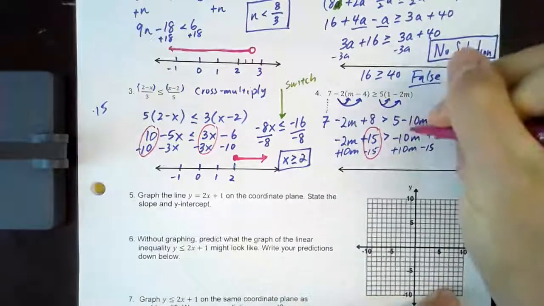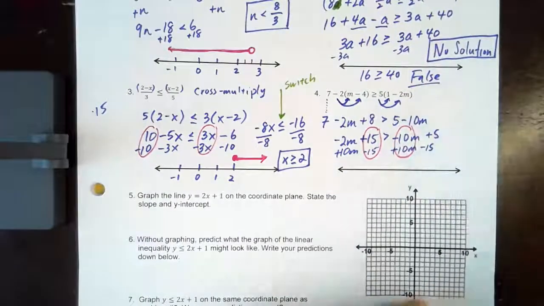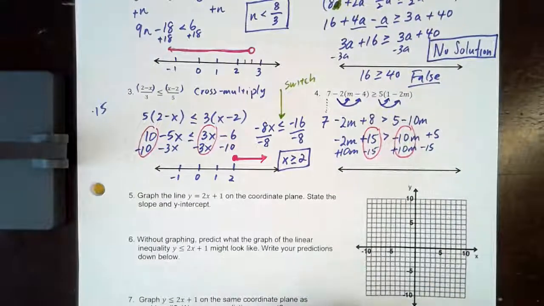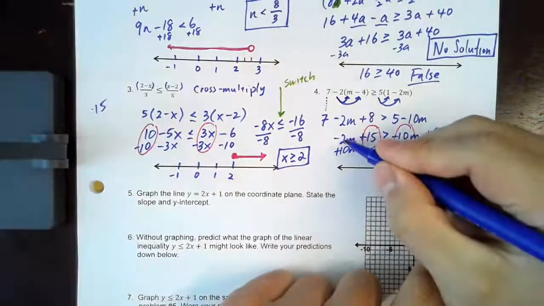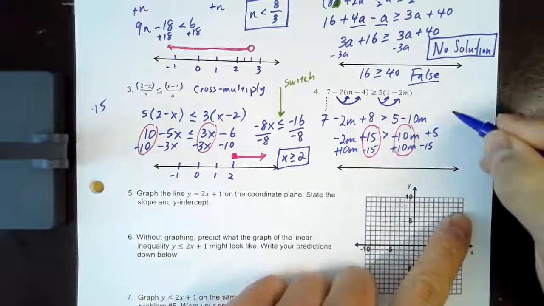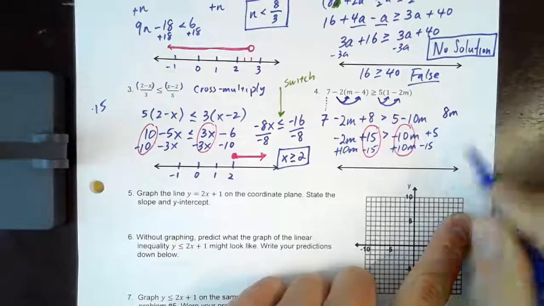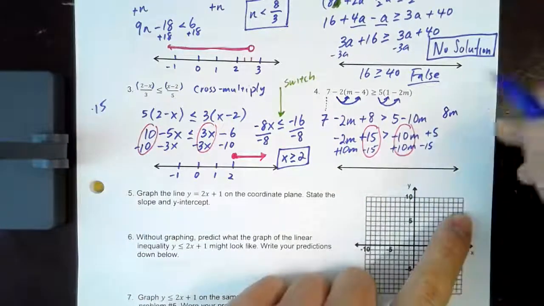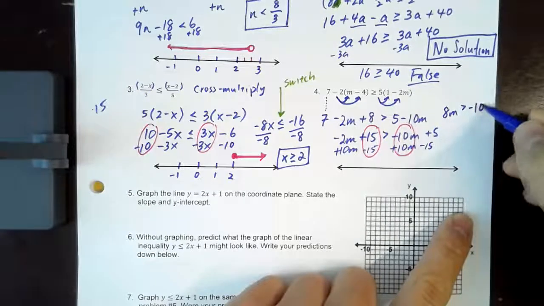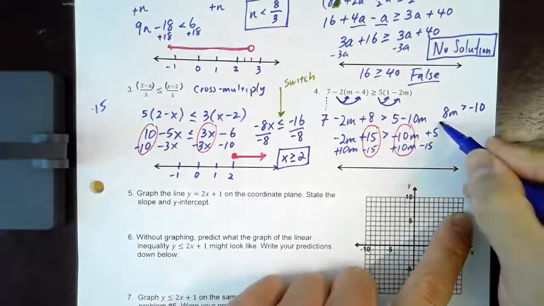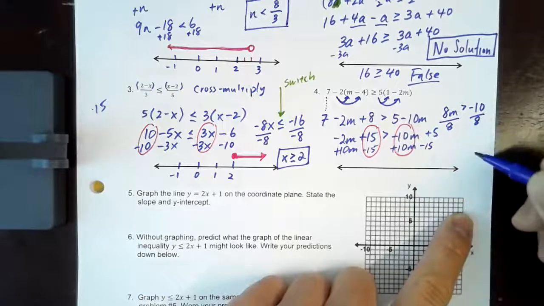Okay, I'm doing 2 steps in one just because I feel like we're capable of doing that now, right? Moving all the variables to one side and moving all the constants to the other side. I then end up getting negative 2m plus 10m is 8m. And then 5 with negative 15 is negative 10.